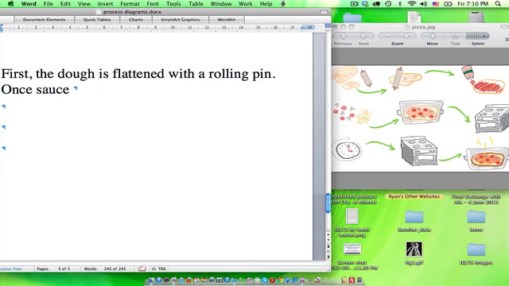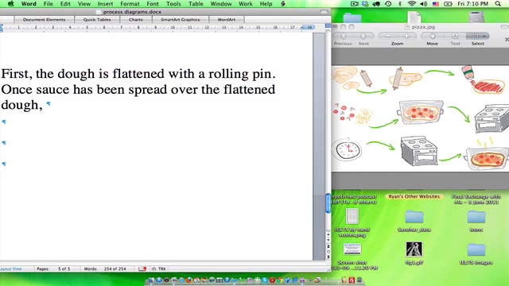Once sauce has been spread over the flattened dough, ingredients are added. Okay, going to a more complex form, let's go back to a simpler form. The pizza is then put in the oven.